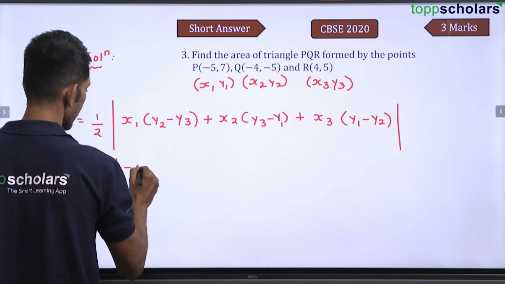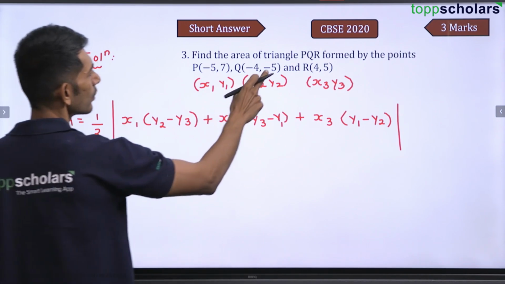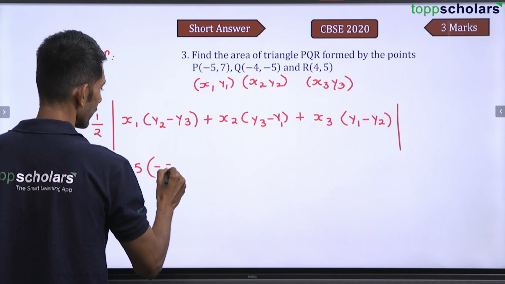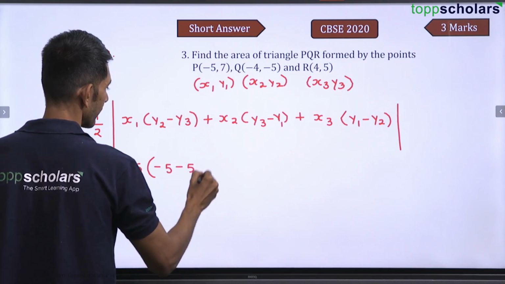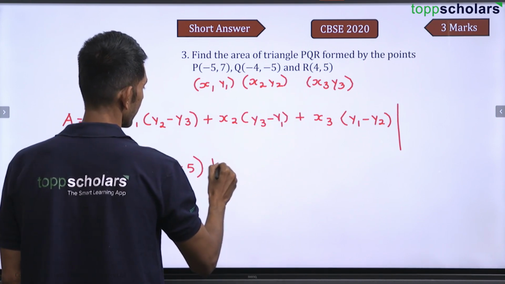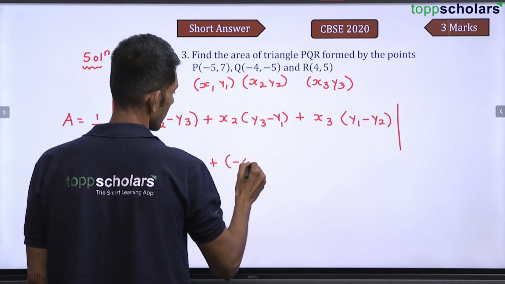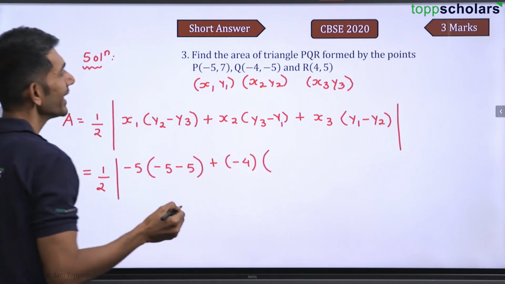Half of mod of x1. x1 is -5, y2 minus y3, that is -5 minus 5, plus x2. x2 is what? -4, y3 minus y1.